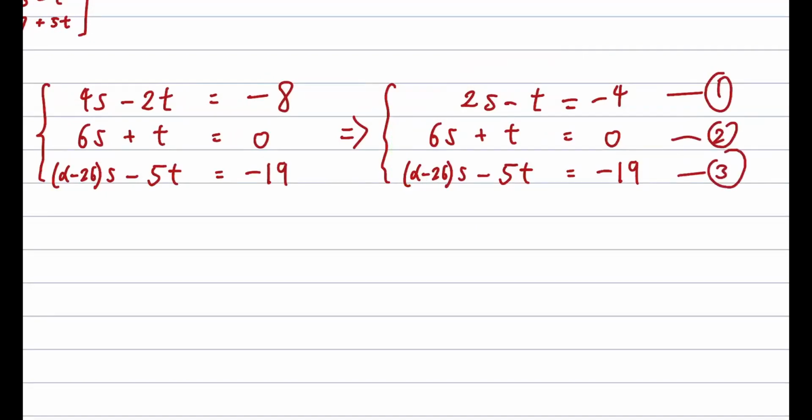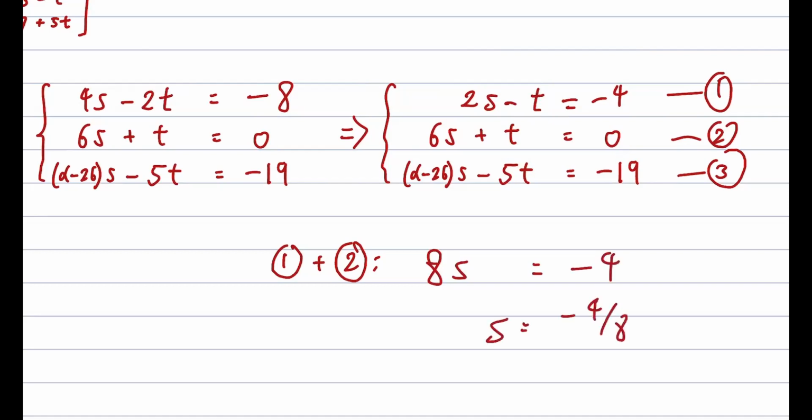What do you notice about 1 and 2? If I add them together, the T cancels off, then the 6S plus 2S gives me just 8S, equals to minus 4 plus 0, negative 4. Solving, S equals negative 4 over 8, negative half. Can? Can. Good, moving on.